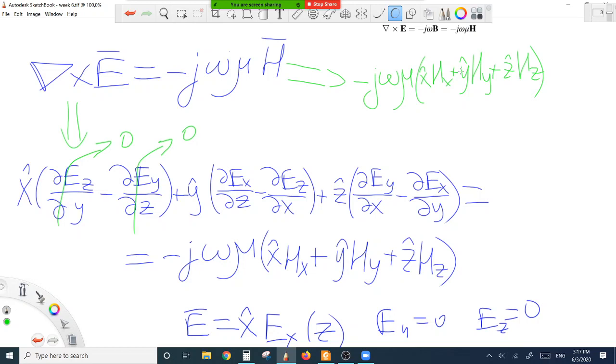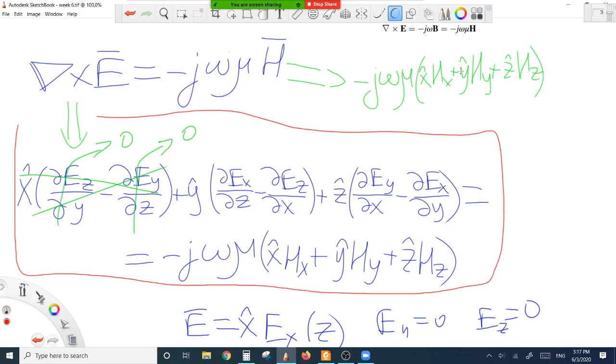It means the component along x is 0 on the left hand side, so on the right hand side there shouldn't be a component along x either. This component is 0.